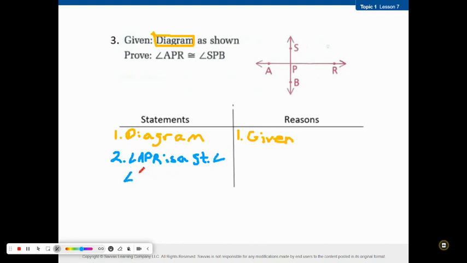And we're going to have angle SPB is a straight angle. And over here, we're just going to say assumed from diagram.